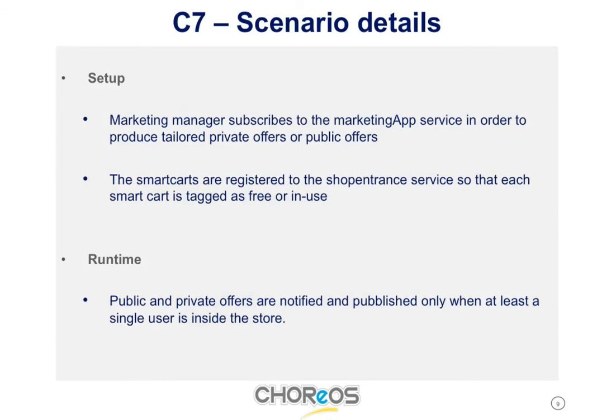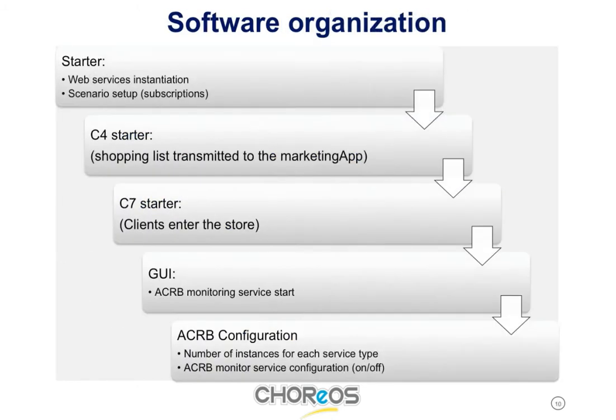Now, let's take a look at the organization of the software, which is made up of 4 applications. The first one is the starter, which is in charge of instantiating the web services and running the scenario setup. The second is the C4 scenario starter.